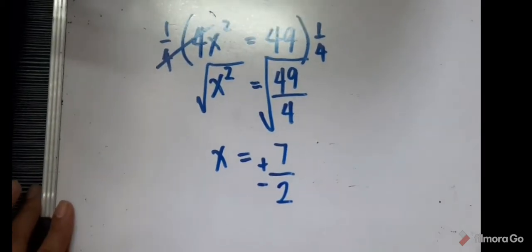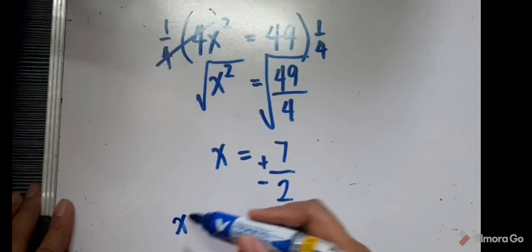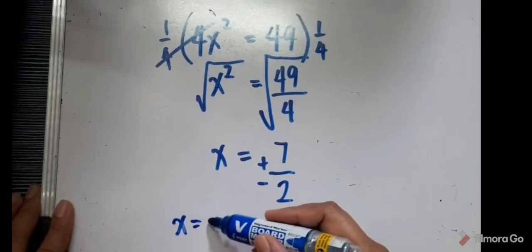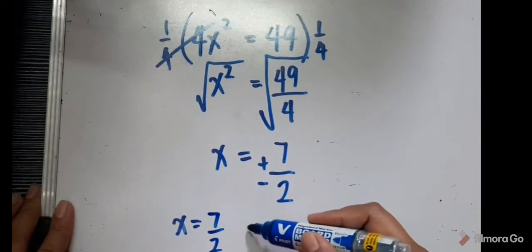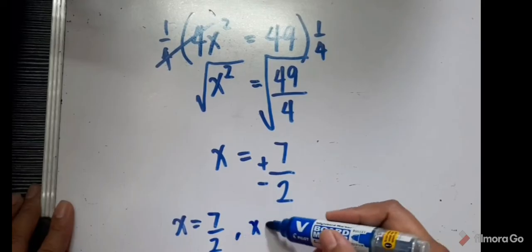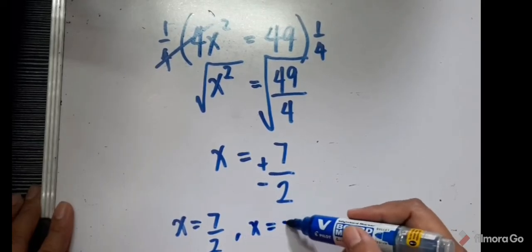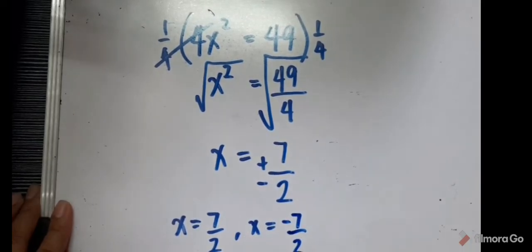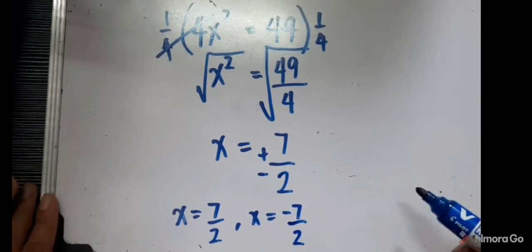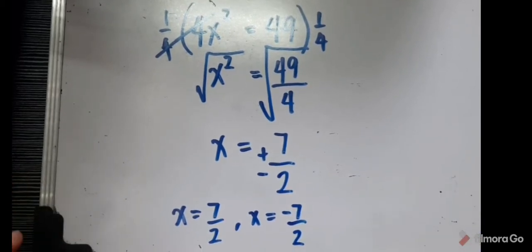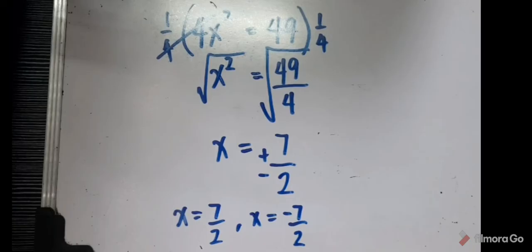Or if we rewrite that, the roots of this equation are x is equal to positive 7/2 and x is equal to negative 7/2. So that's it for this example.